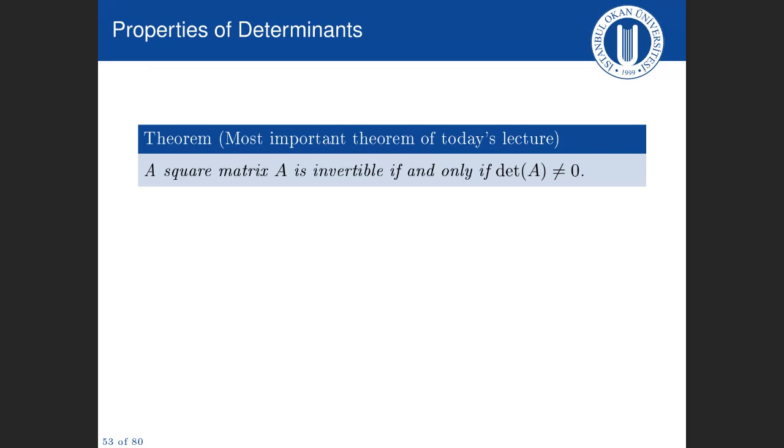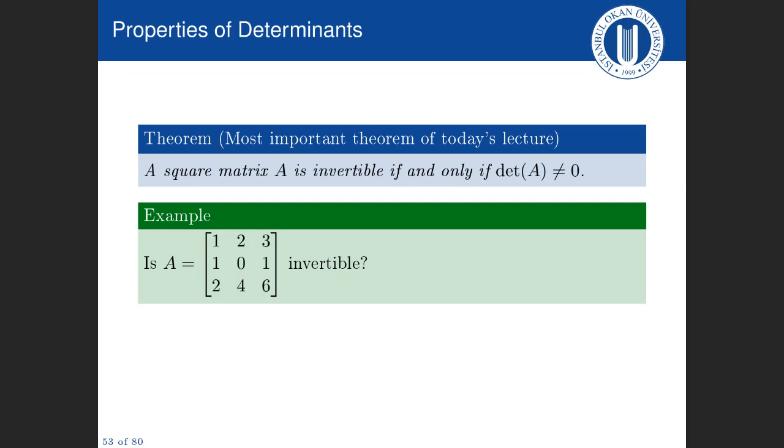And then the most important theorem of today's lecture: a square matrix A is invertible if and only if the determinant of A is not equal to 0. So, for example, is the matrix 1, 2, 3, 1, 0, 1, 2, 4, 6 invertible?